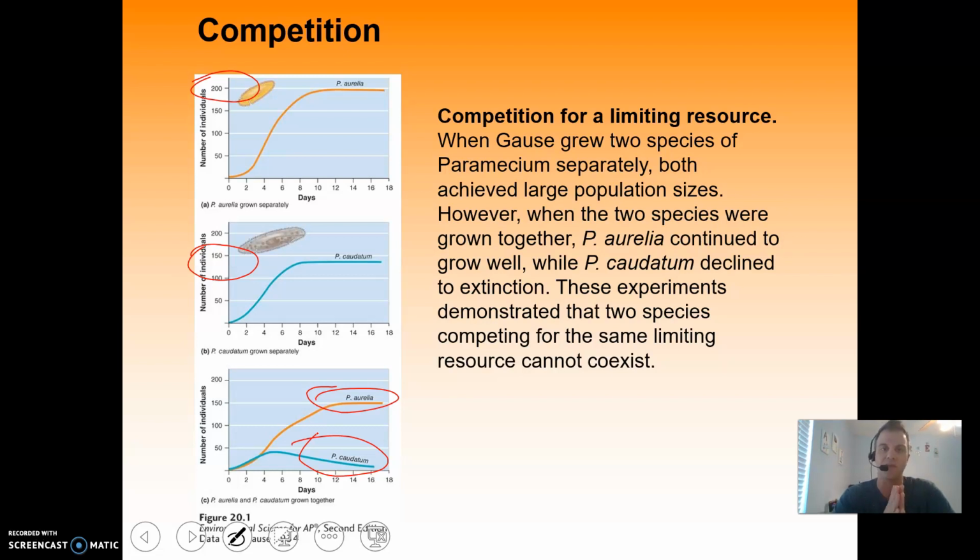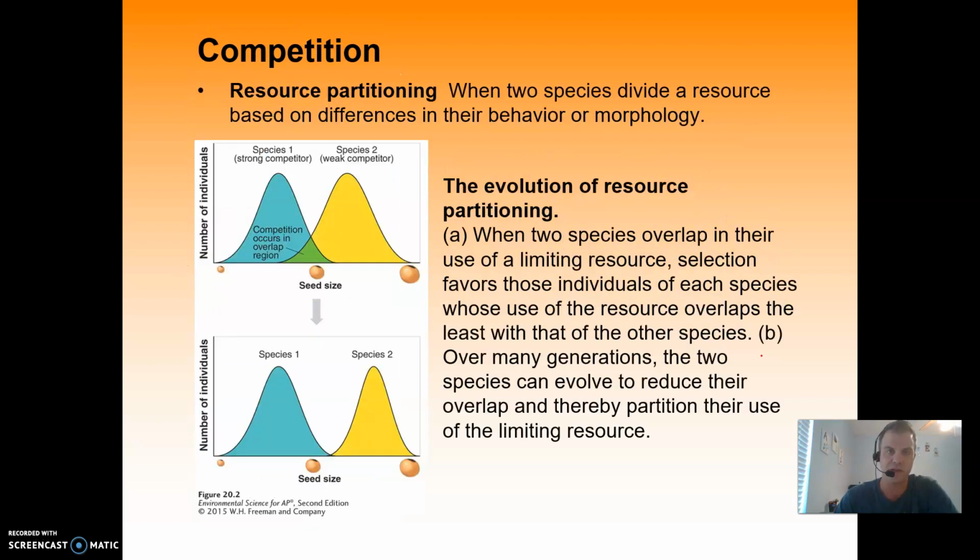They both needed the same resources, the same amount of food that he was putting in the petri dishes, and they could not coexist. But think about this: not only did the Aurelia basically outcompete the other, it was still negatively impacted, because it did not grow to the same level that it had without the competition.